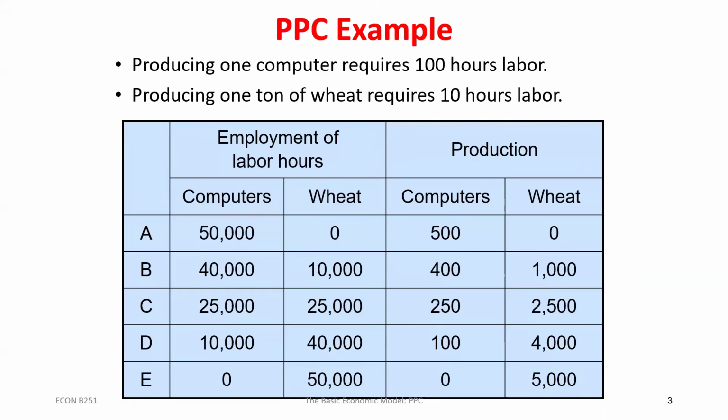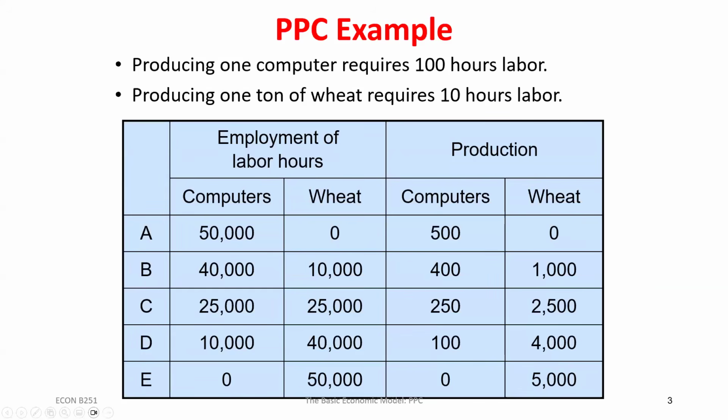Okay. So if I wanted to take this and graph out these different points, I'm going to shorthand this a little bit. Anytime I want the word quantity in this class, I usually notate that with Q. So this is the quantity of computers my economy was producing and the quantity or tons of wheat.